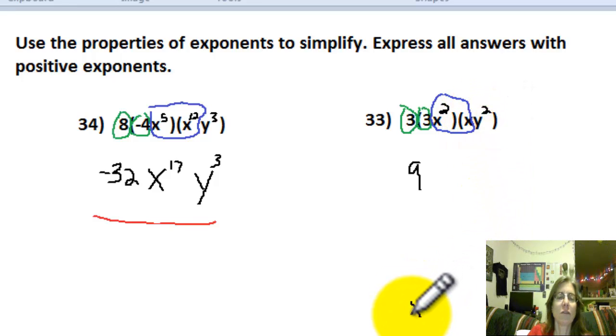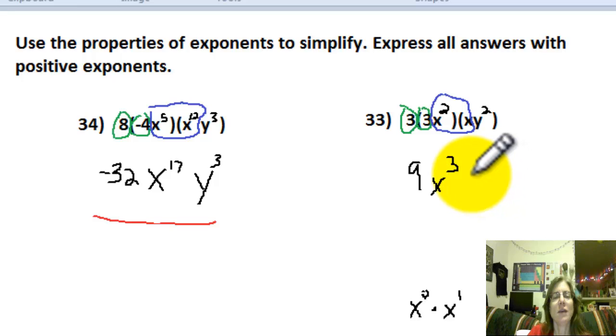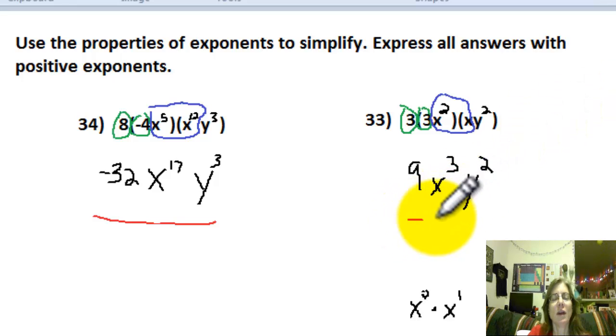Anytime there's a letter without an exponent, there's always an exponent of 1. So it's 2 plus 1, so that becomes x^3. Once again, the y does not have anybody to combine with, so we just leave it. So the simplified answer for number 33 is 9 times x^3 y^2.